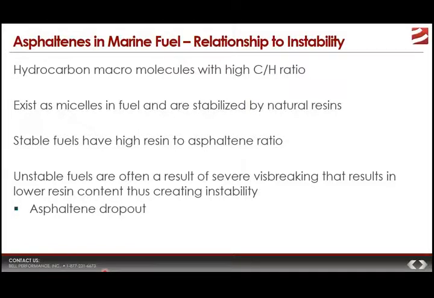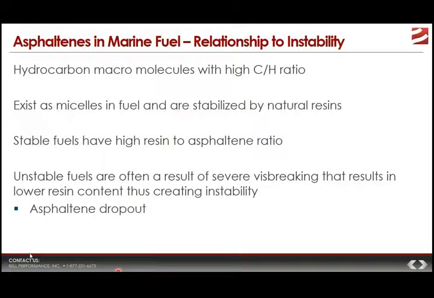The reason they are stabilized is because there are resin compounds in the crude oil and in the fuel that help to stabilize these and keep them essentially in homogeneous combination in the fuel. In fact, you can see that stable fuels have a high resin to asphaltene ratio. The natural resins have been preserved through processing, and if you have a lot of resins relative to asphaltenes, well, you're going to have a relatively stable fuel.